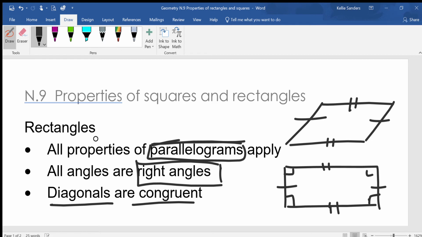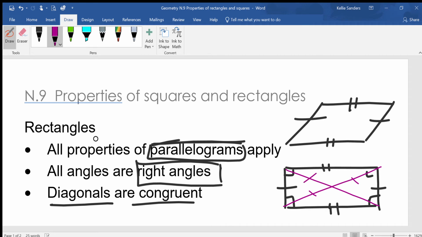All angles are 90 degrees, but also the diagonals, because it has been straightened up, because it's been squared up, the diagonals are equal. So again, they still bisect each other, but because they're equal, the diagonal bisections are also equal to each other. So let's go on.